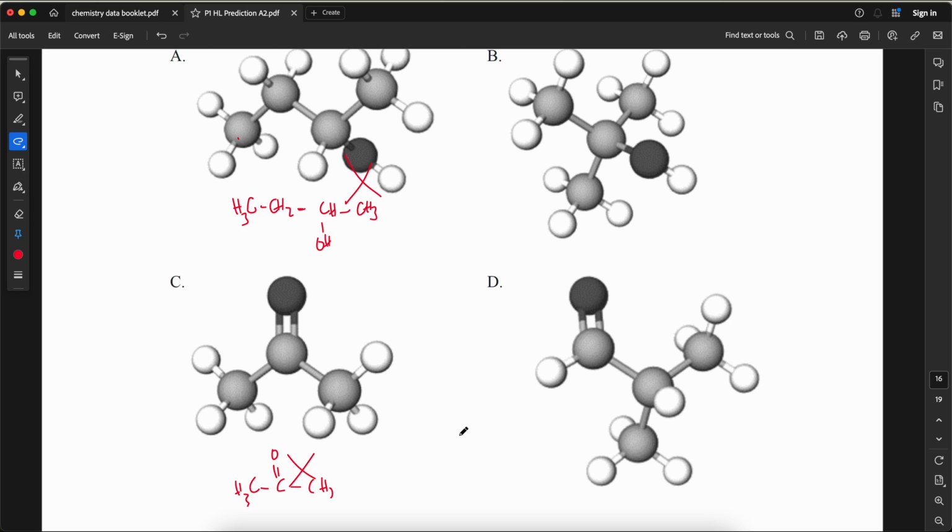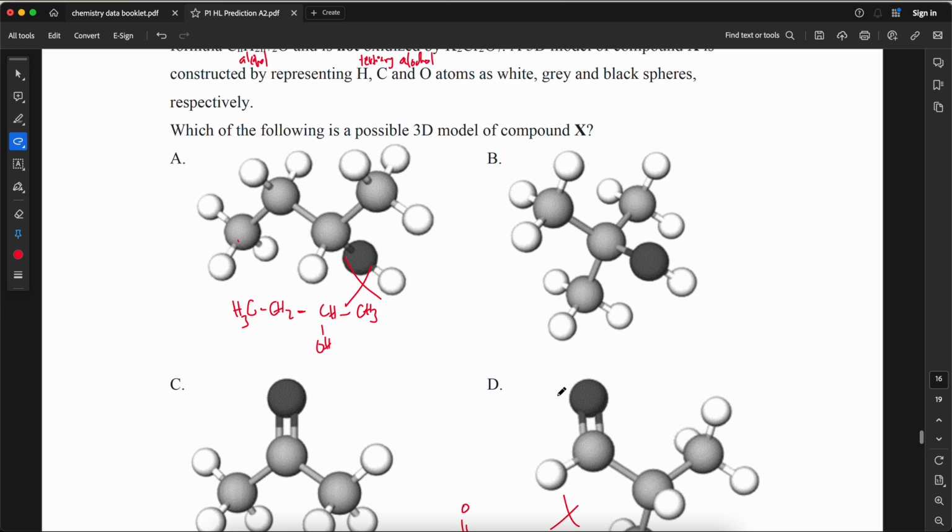And then for D, CH double bond O, and then CH with CH3 and CH3 here. So this is an aldehyde. And then for B, that would be CH3, and here C, and CH3, and CH3, and then OH. So this is the answer, the tertiary alcohol.